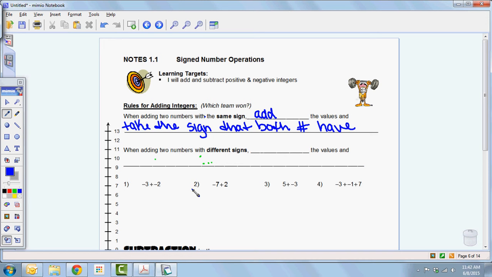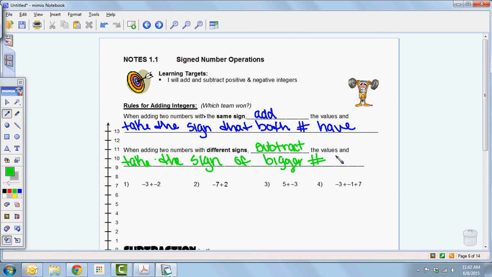The second rule is when you're adding two numbers with different signs. So if I have one positive and one negative, I know it seems weird, but when you see that, you're actually going to subtract those values and you're going to take the sign of the bigger number. So if the bigger number is negative, your answer is going to be negative.